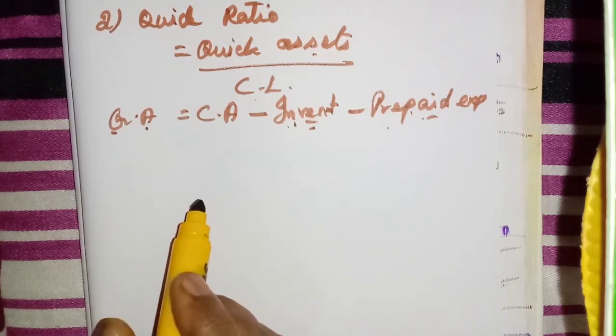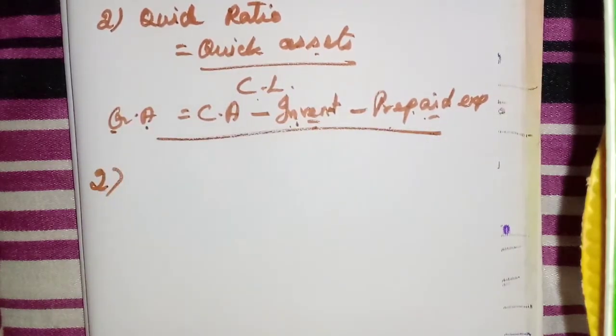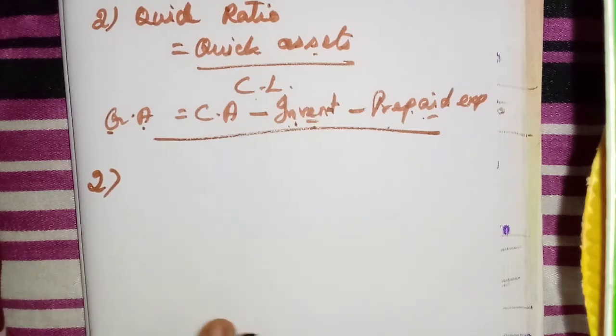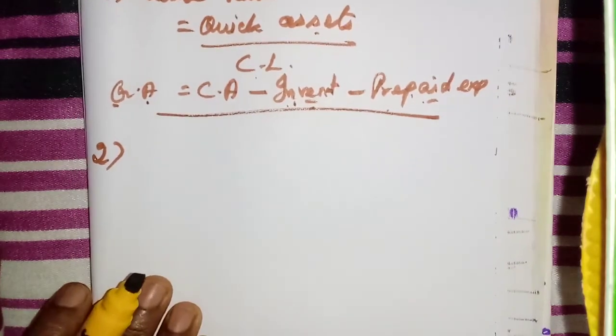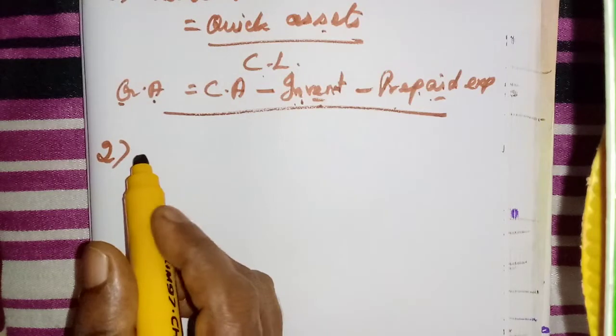Now we will do the second problem from the exercise. I will read. Calculate quick ratio. Total current liabilities 2,40,000. Total current assets 4,50,000. Inventories 70,000. Prepaid expenses 20,000.